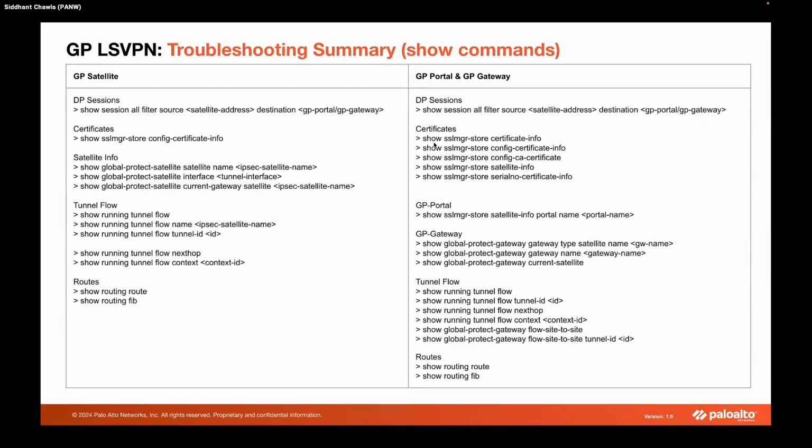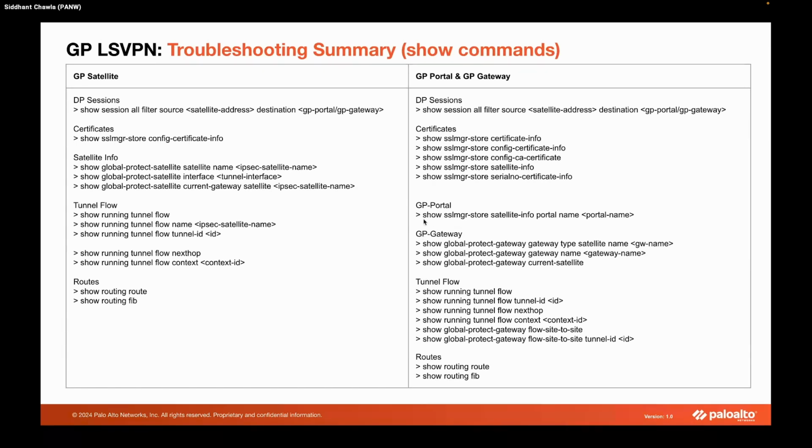For certificates, show ssl-mgr store certificate info, show ssl-mgr store config-certificate info, show ssl-mgr store config CA certificate, ssl-mgr store satellite info, and show ssl-mgr store serial-number certificate info. You can use these commands on GP portal and gateway to get the CA certificate, serial number certificate, and the certificates which are actually created on portal and gateway.